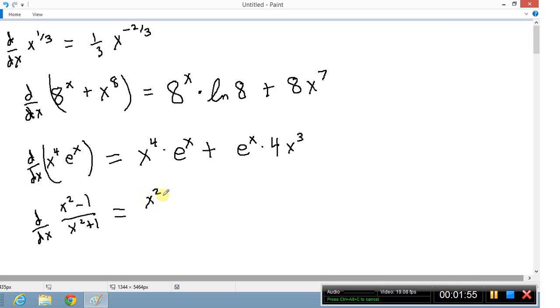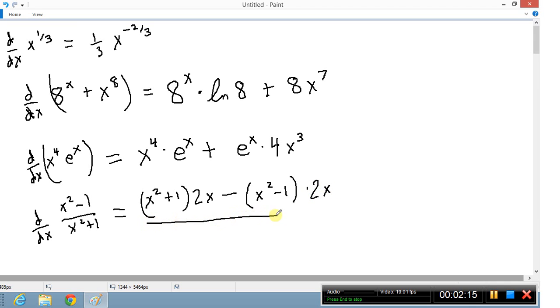So it's the denominator times the derivative of the numerator, which is 2x, minus the numerator, x squared minus 1. And notice I put it in parentheses here, otherwise I'm going to forget to subtract both of those things. Numerator times the derivative of the denominator, 2x, and all of that is divided by the denominator squared.